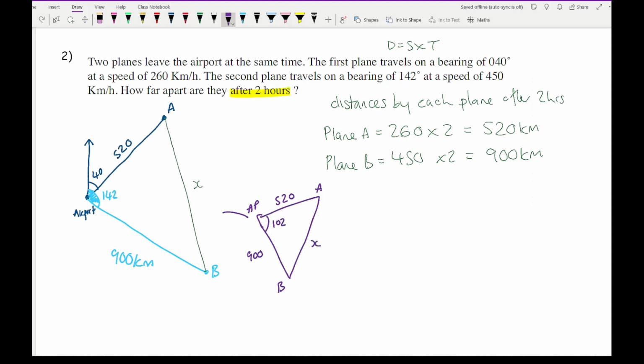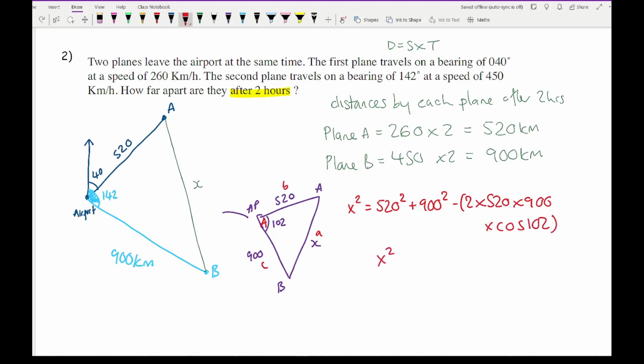So looking at this, we've got 3 sides and 1 angle where one of them is x. So we're going to be using the cosine rule. So this is going to be my capital A, that's little a, that's b, and that's c. So then what we've got is x squared equals b squared plus c squared minus 2 times b times c times cos of A.